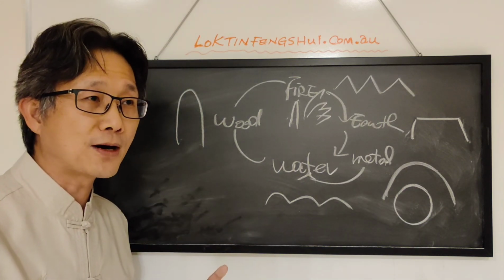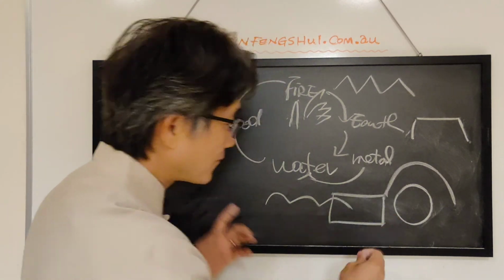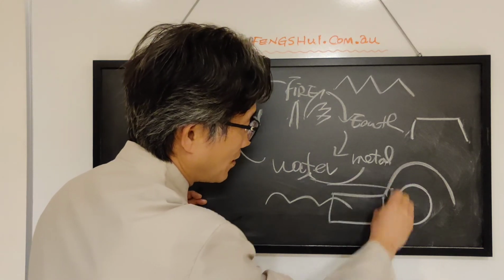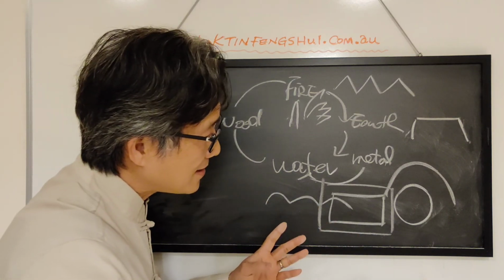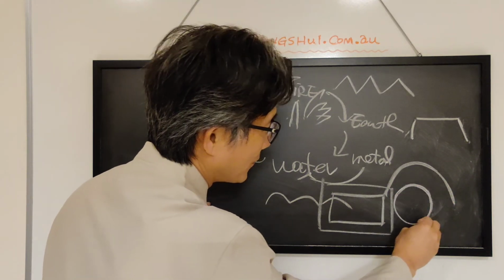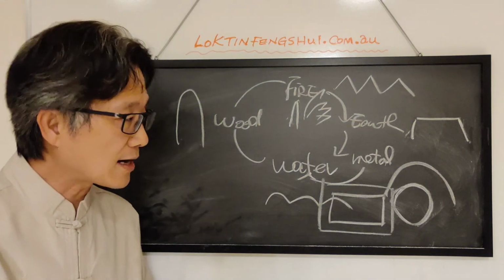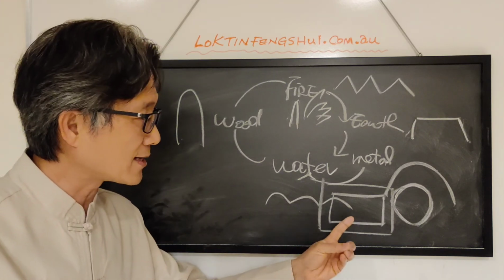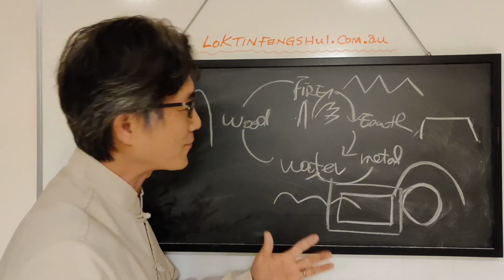But soccer is different, the soccer field is more squarish, and the spectators are on this rectangular shape. But in Australian rules, the playground is kind of round, and round is power, metal is power. Compared with soccer, Australian rules players play a bit stronger, more powerful.